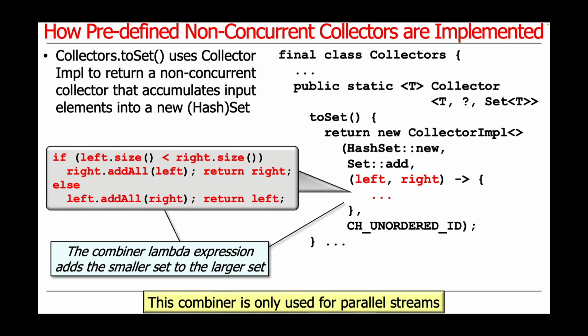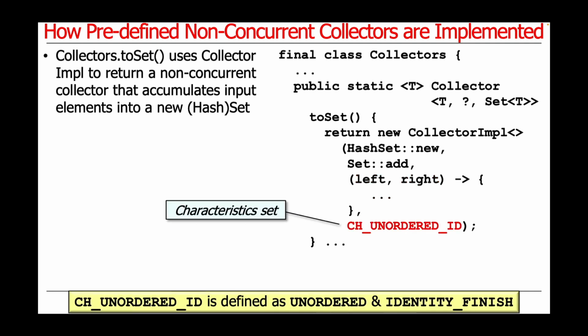So it takes a left and a right set, and if the left size is less than the right size, we're going to add the left to the right and return the right. Otherwise, we're going to add the right to the left. The whole idea here is to optimize things by always adding the smaller set to the larger set. There's less work involved in doing that because we don't have to add as many elements and put them into the set. Once again, the combiner is only used for parallel streams.